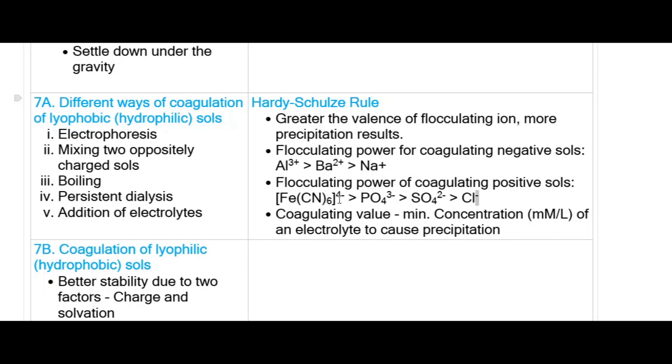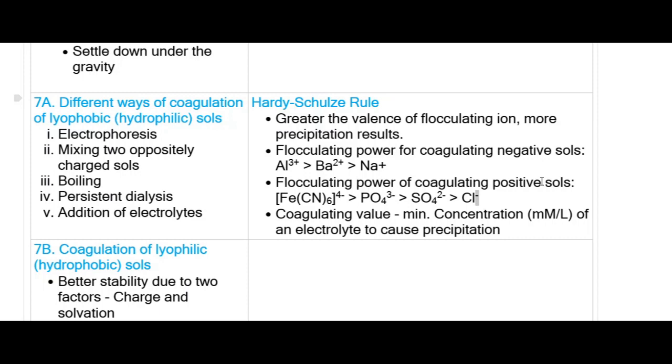So based on the valency, I think you are able to understand the flocculating power of the coagulating positive sols getting increased. So here tetravalent has more flocculating power than trivalent, thereby bivalent and monovalent. What is coagulating value? It is nothing but the minimum concentration, in millimoles per liter, of an electrolyte to cause precipitation.